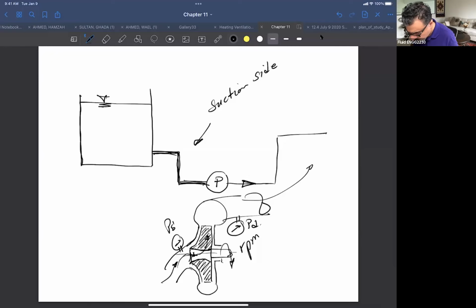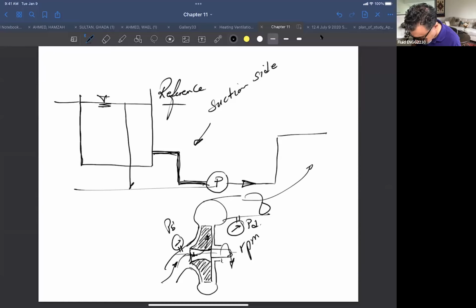That's why we look at this line here as your reference point. So this is your reference line, and the pump location here is the Z of the inlet of the pump, right?